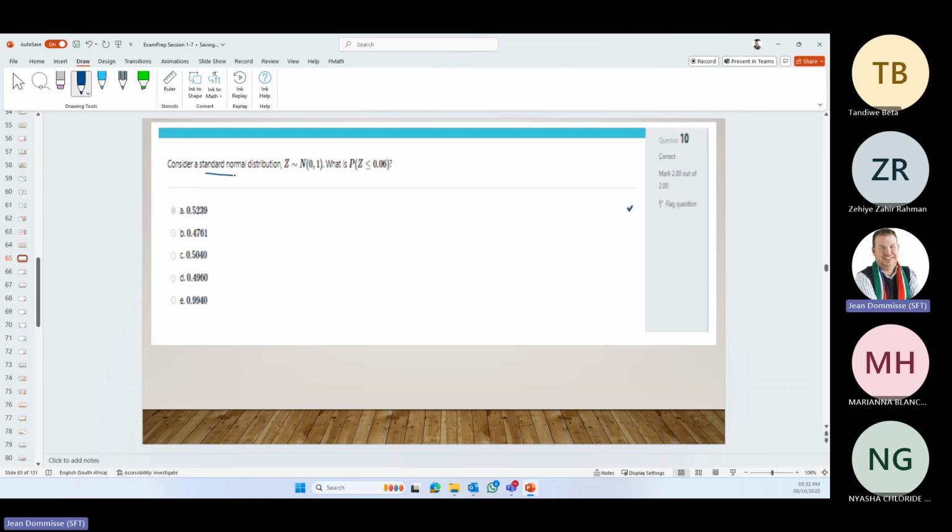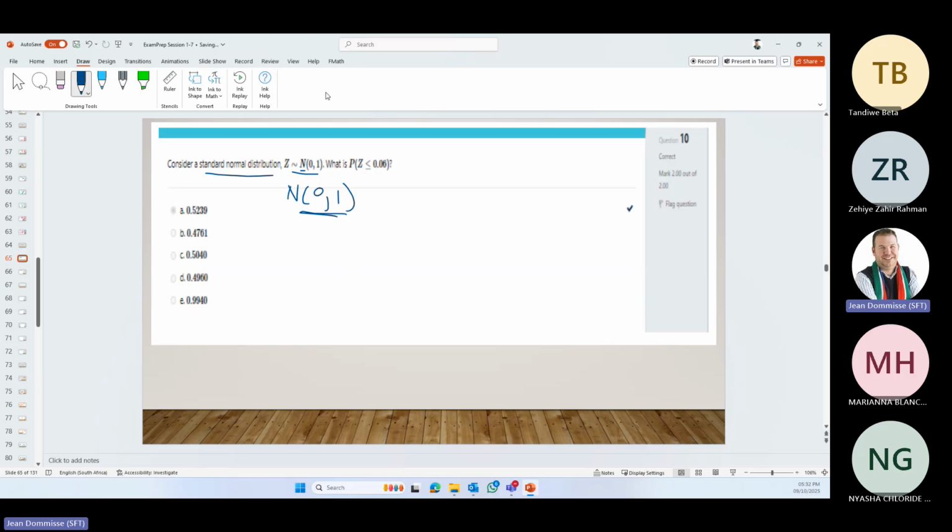Consider standard normal distribution where Z is normally distributed with a mean of 0 and a variance of 1. So that basically tells us that we're working with a standard normal distribution.